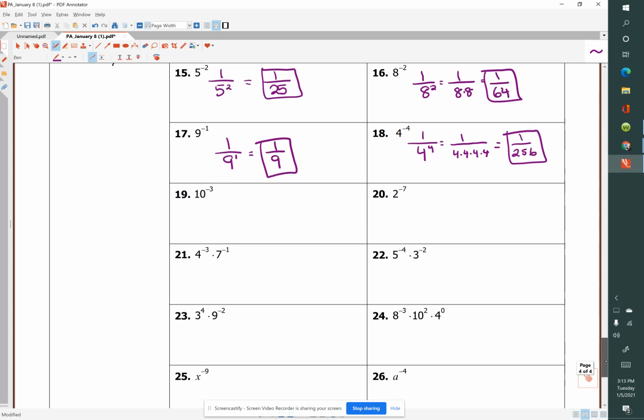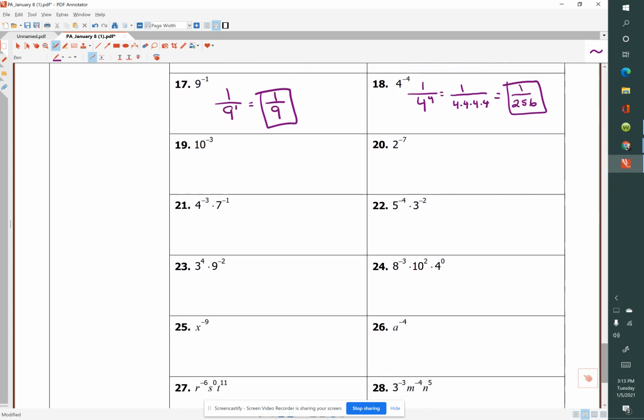Now, number 19, 10 to the negative 3rd power is 1 over 10 to the 3rd power, which would equal 1 over 10 times 10 times 10. 10 times 10 is 100. 100 times 10 is 1,000. So that would equal 1 over 1,000.